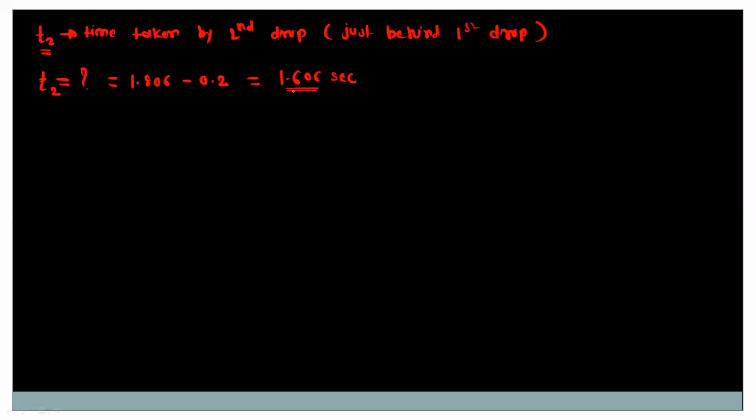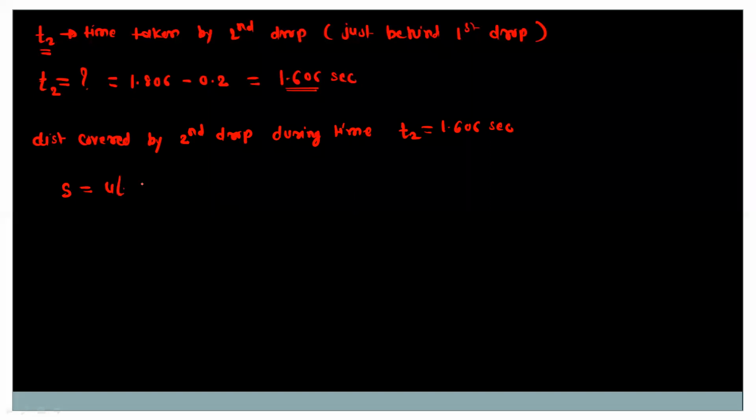Now we have to find out the distance covered by the second drop during the time t2 equal to 1.606 second. So again use the same equation, s is equal to ut plus half at square. The s value is unknown, so we will take it as s2 for the second drop, the distance covered with respect to the ceiling.